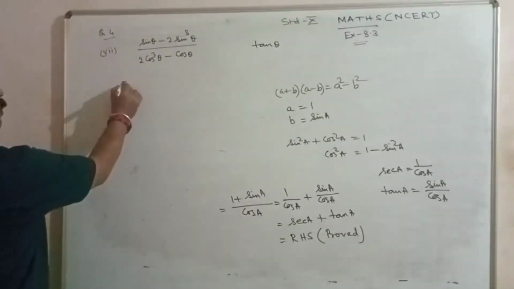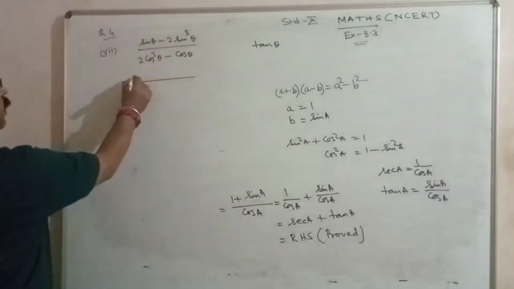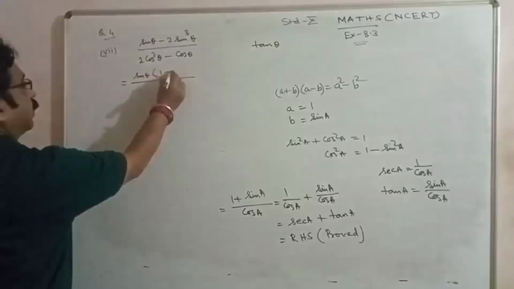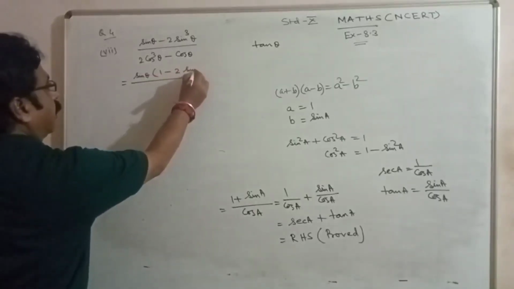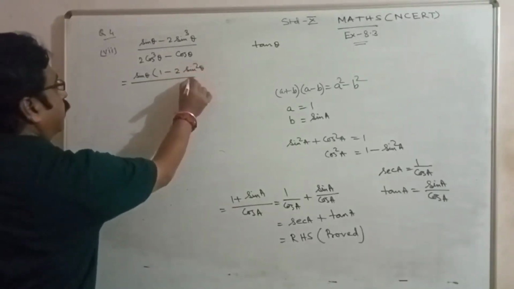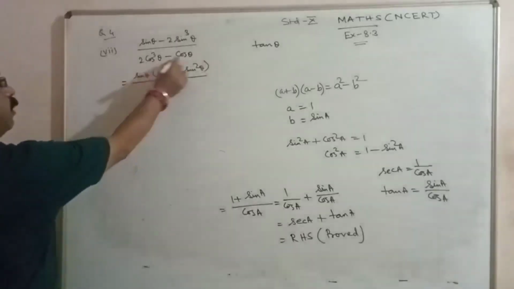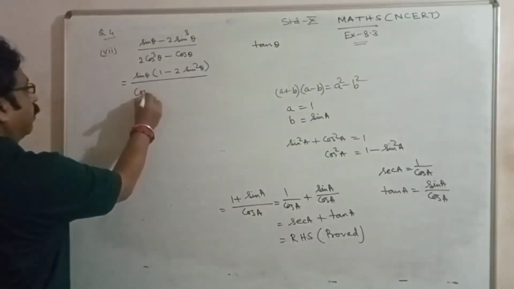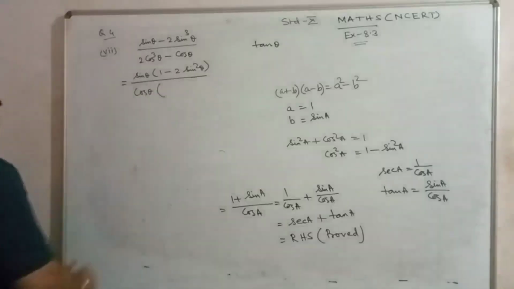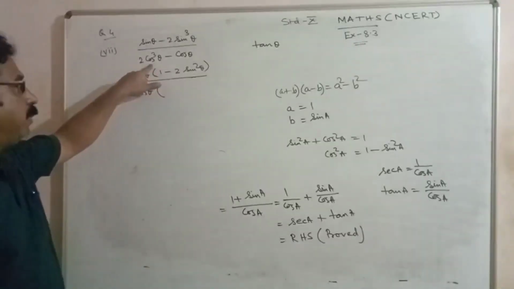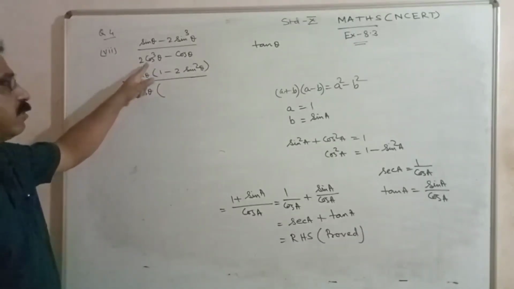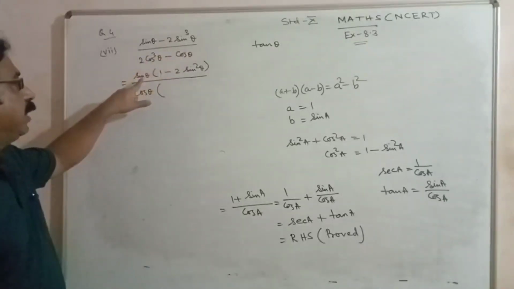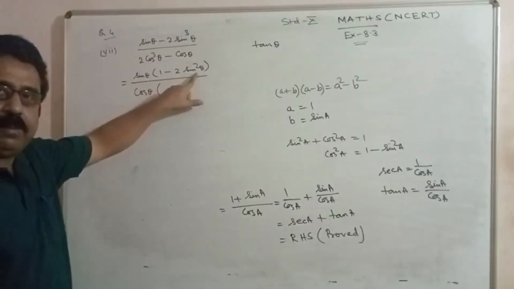We can take sin theta as common from numerator: sin theta into 1 minus 2 sin square theta, upon, from here we can take cos theta as common. From cos cube theta, if we take cos theta out, then cos square theta will be left, and from sin cube theta, if we take sin theta out, sin square theta will be left.